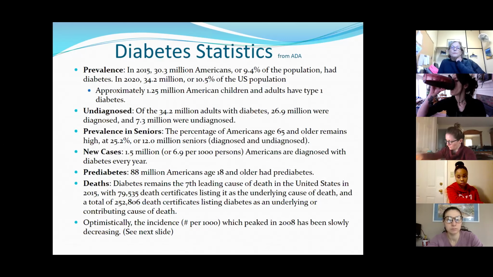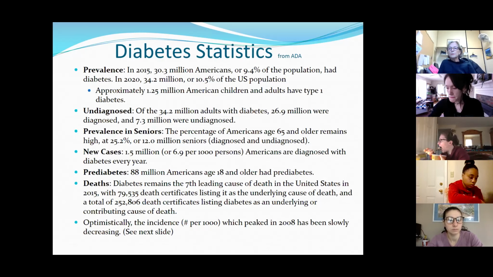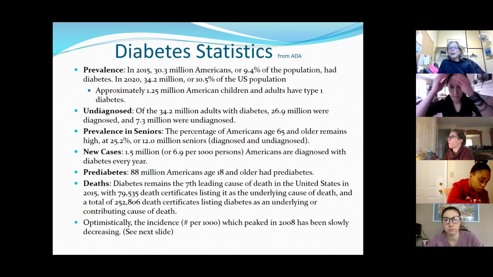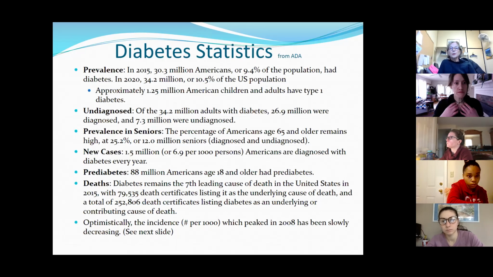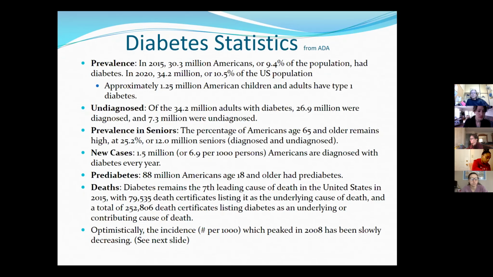In 2015, there were 30.3 million Americans who were diagnosed with diabetes, or 9.4% of the population. Now, this past year in 2020, that's gone up to 34.2 million, or 10.5% of the US population. So 1 in 10 people in the US have diabetes.